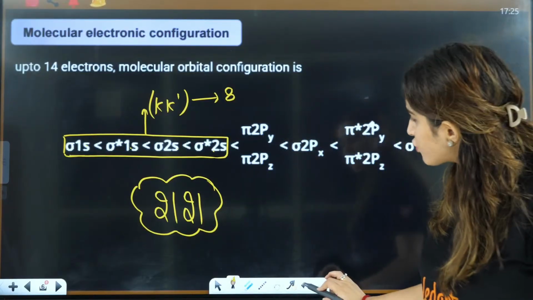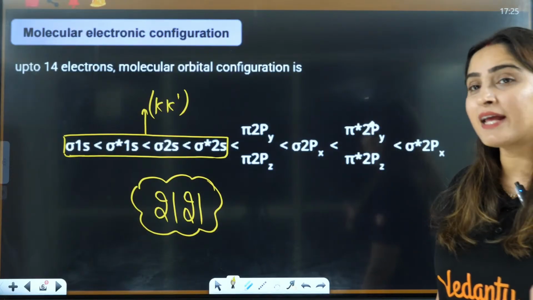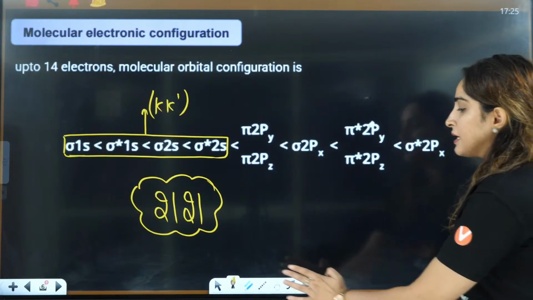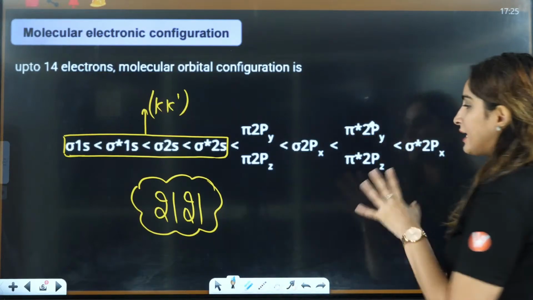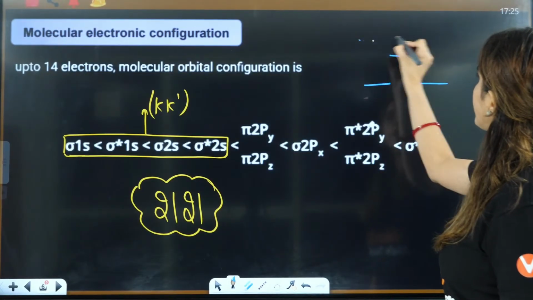It is always going to remain the same, but the difference will be at this point. When you have less than 14 electrons, it will be 2, 1, 2, 1, meaning 1, 2, then 1, 1, 2, 1.